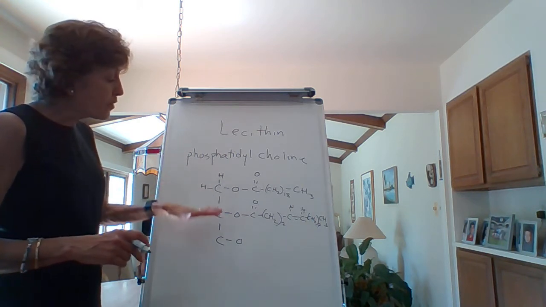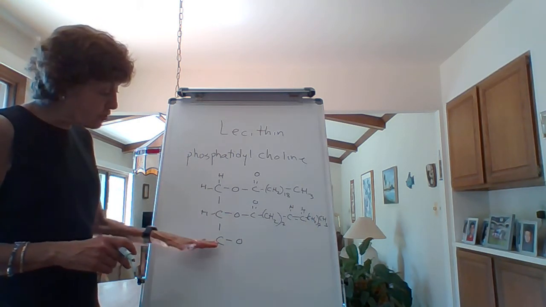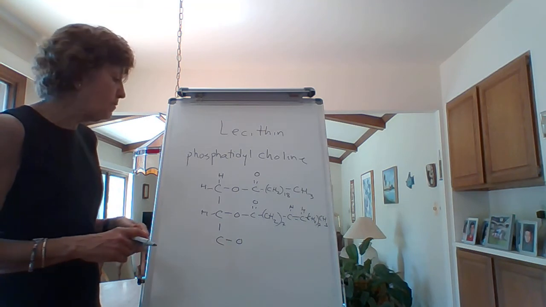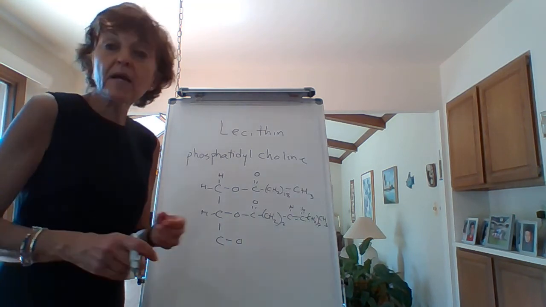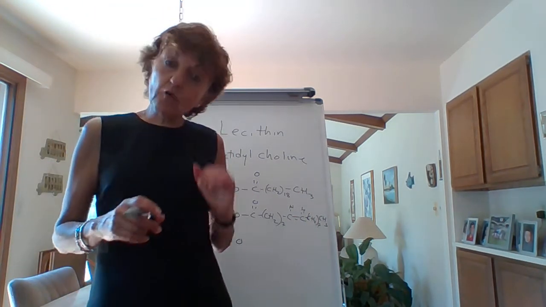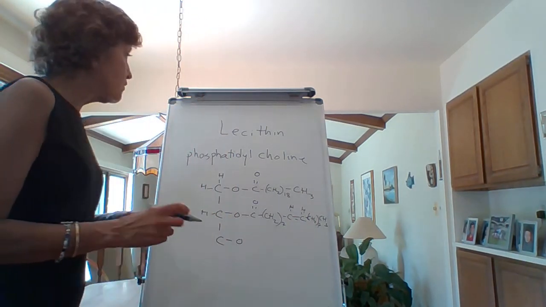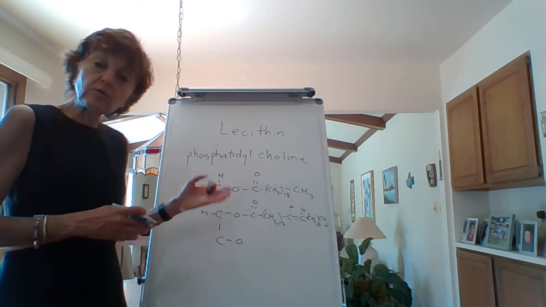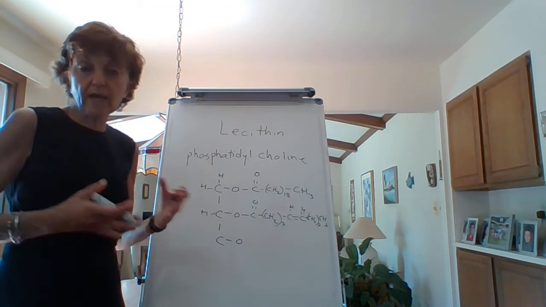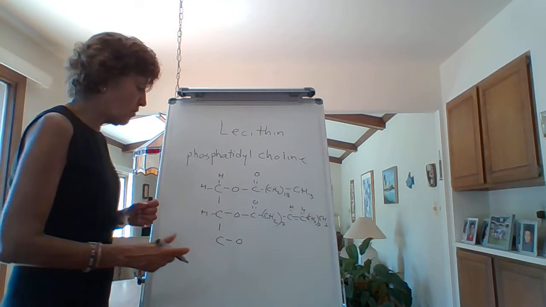All right, the third position of glycerol is not esterified to a fatty acid, but it's esterified to a phosphoric acid. So instead of having a carboxylic acid esterified to an alcohol, you now have a phosphoric acid esterified to the alcohol.